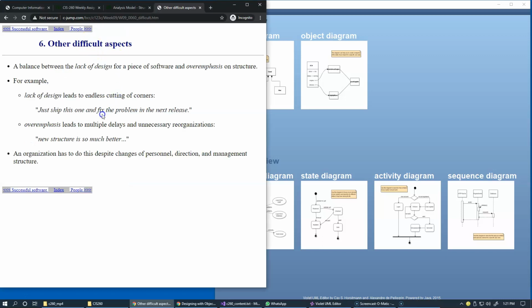One difficult aspect of the process of software design is finding the right balance between too little design and overemphasis on the design structure.